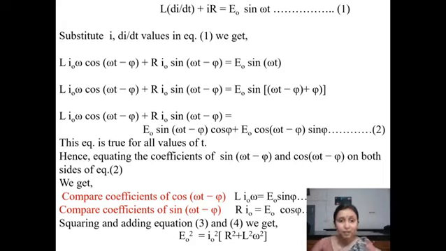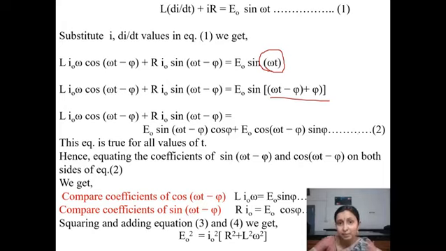Now we can write omega t as omega t minus phi plus phi. Same equation: L I naught omega cos omega t minus phi plus R I naught sin omega t minus phi is equal to E naught sin of omega t minus phi plus phi.